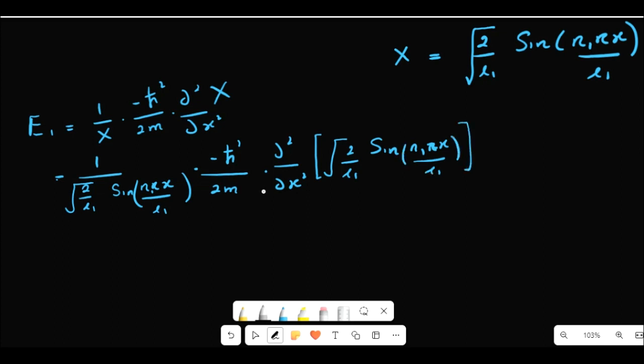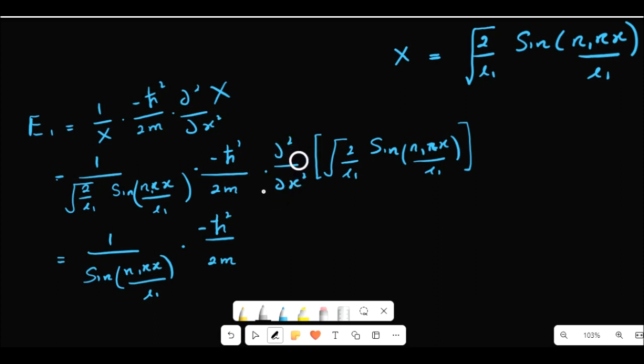Okay, now I'm going to do the derivation. You can see this is a constant, so I can directly take it out and it will cancel out with this one, right? So I'm going to cancel it out and I will write the equation: sine n1 pi x over L1 times minus h bar squared over 2m. Now here the derivation, right? Now I have the sine n1 pi x over L1. So here we have two derivations, right?